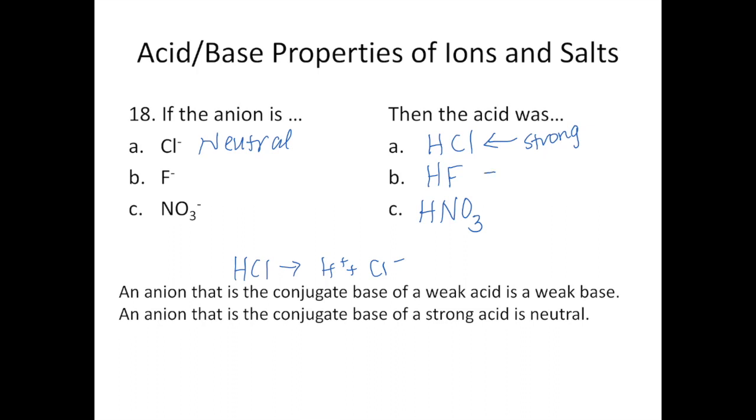If that acid was weak, well, your anion is your conjugate base. It's a weak base. So if the anion came from a weak acid, it's going to make the solution basic. So this is strong.